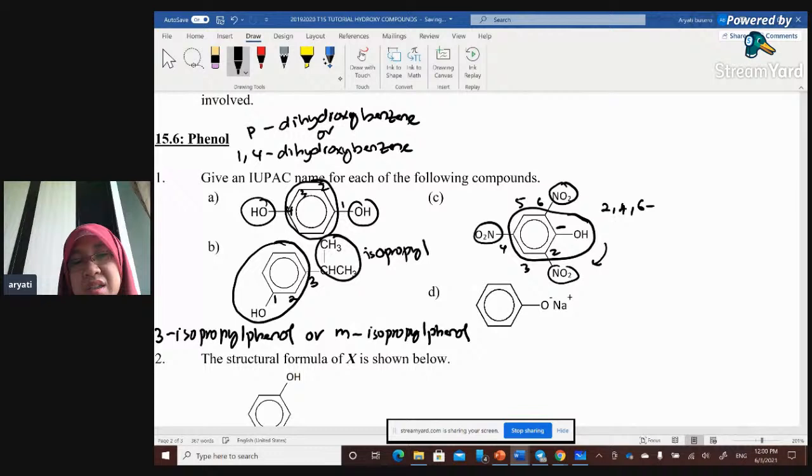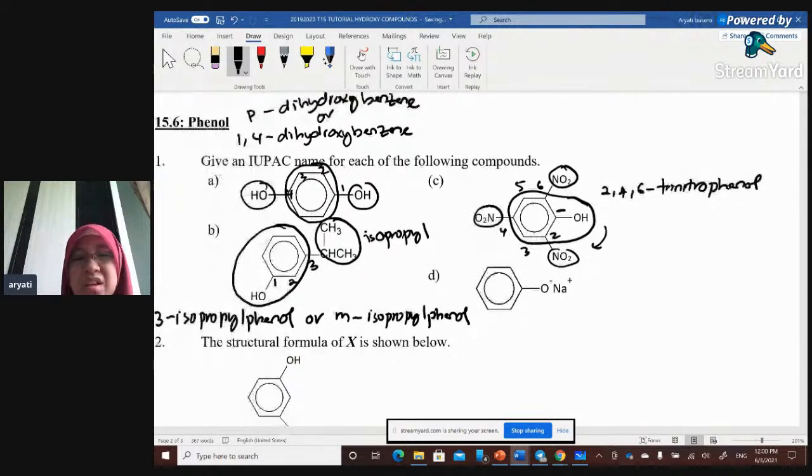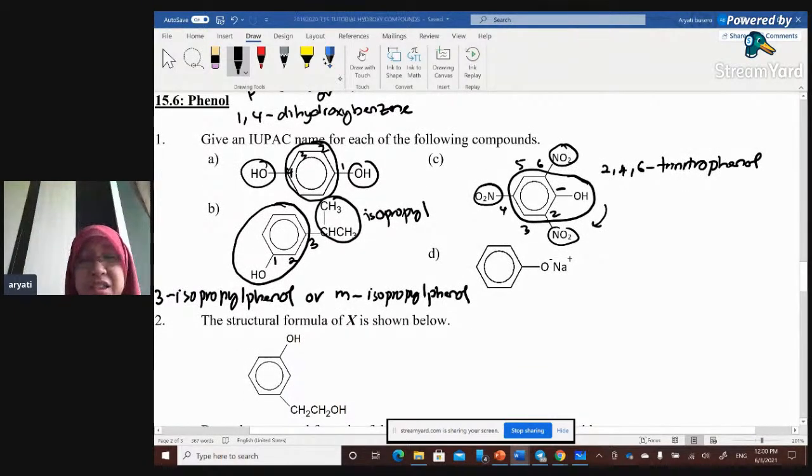Ada 3 nitro, trinitro. So your parent is phenol. 2,4,6-trinitrophenol. Okay, so this one dah banyak kali tadi saya cerita. Ini bila ada sodium, this one is phenoxide ion. So combination sodium ion dengan phenoxide ion, nama dia adalah sodium phenoxide.